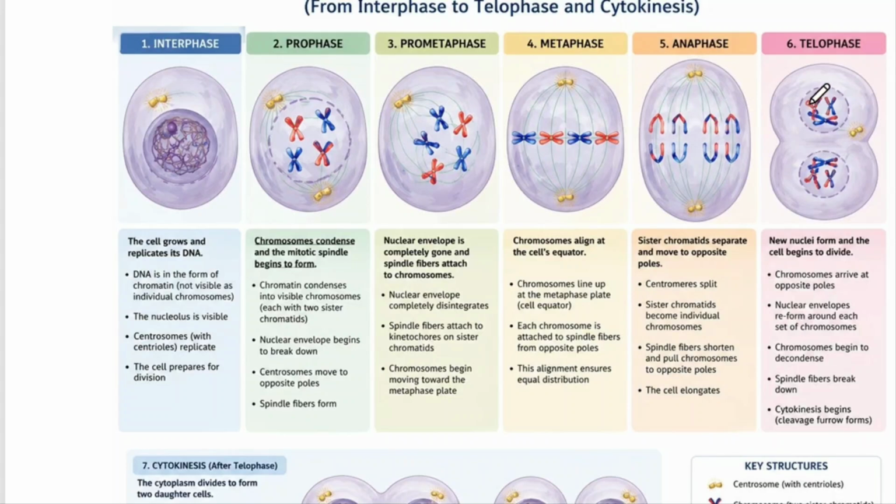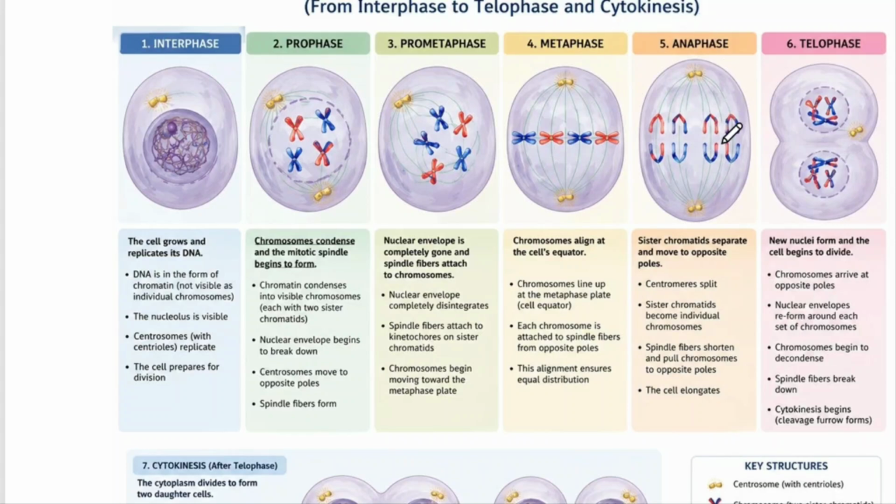Here is one daughter cell and the other daughter cell. The cell still has 46 chromosomes.